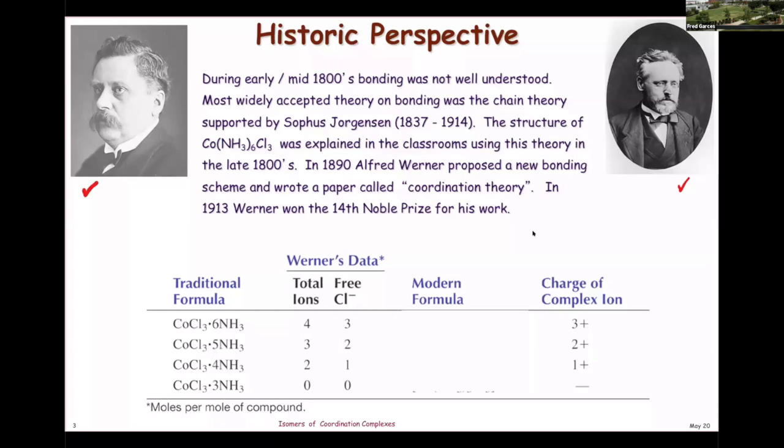And part of the way organic structures are formed is that the carbons form very, very long chains. And so Jørgensen thought that this class of compounds that contains transition metal elements could also probably form chains.